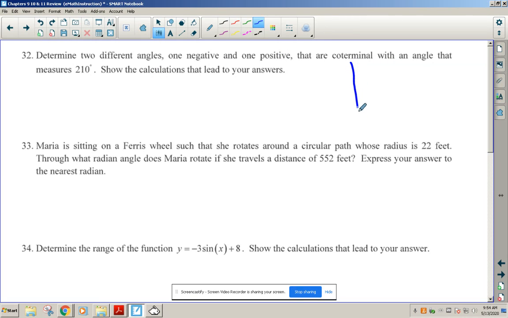All right, let's go back. This is lesson 1. These are the nice problems. Let's have our 0 degrees, our 90 degrees, our 180, and our 270, and then we're back to 360. Now, if I want to be coterminal with 210, here's my 210 degrees.